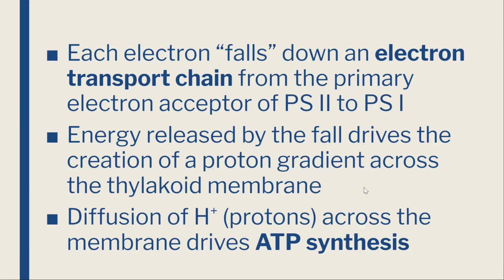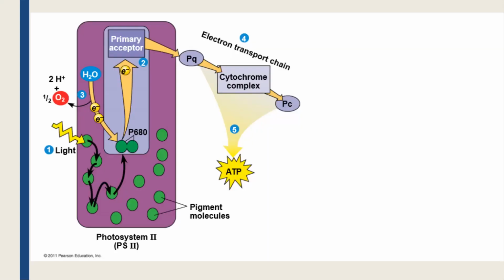And so as the electrons go down that first electron transport chain, ATP synthesis is going to take place. Hydrogen ions will get pumped into the inner thylakoid space, and that's going to create a proton gradient similar to what we saw in cellular respiration. And then the hydrogen ions are going to diffuse back into the stroma, and that's going to generate ATP through chemiosmosis.